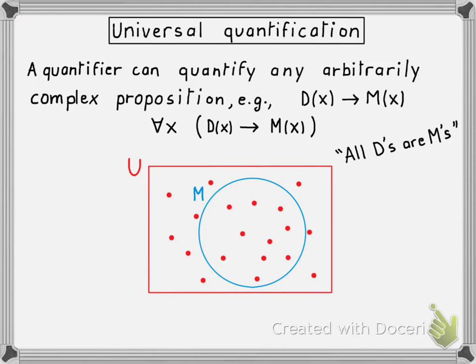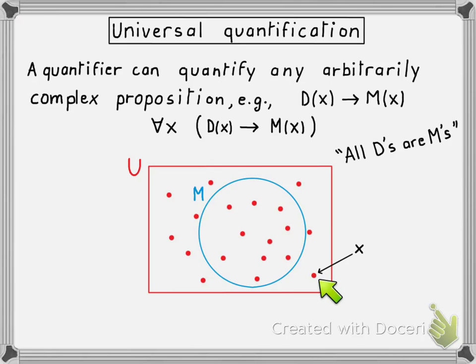Now, how should we draw the circle for the predicate D if we assume that this proposition is true? But before we do that, let's consider one of the elements of the universe that is not in M, like this one. Assume that D of x is true for this particular x.